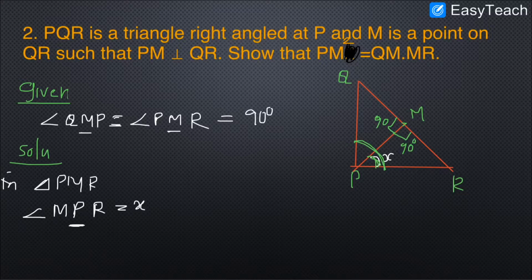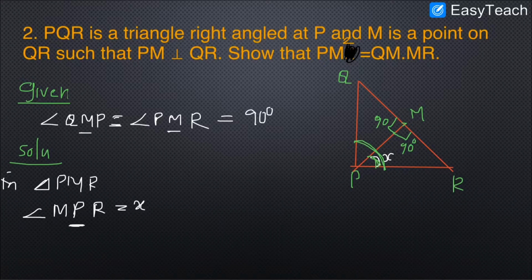I am going to consider Q as x, and the angle P, we know that the whole triangle is right angled at P. So we already know this part, which is x. To find this part, we are able to write 90 minus x.